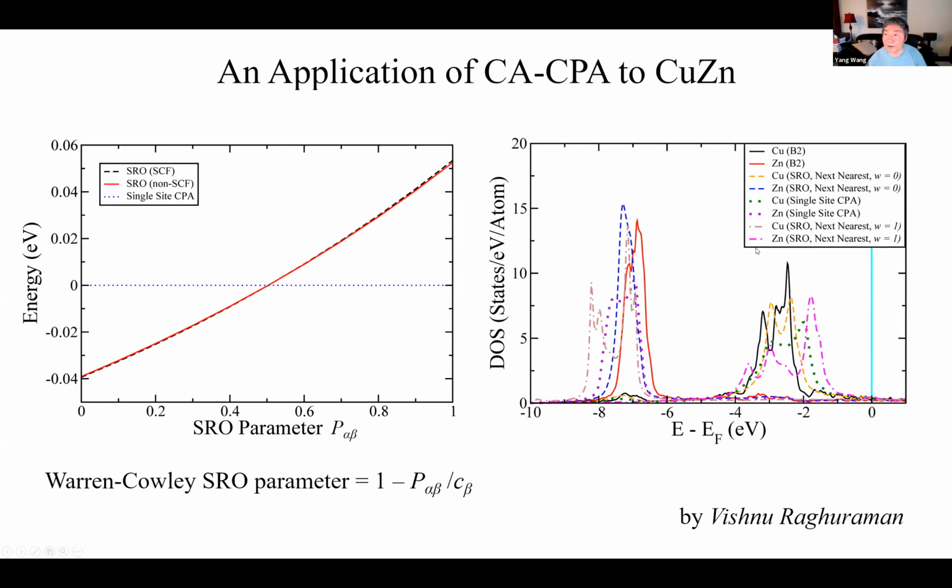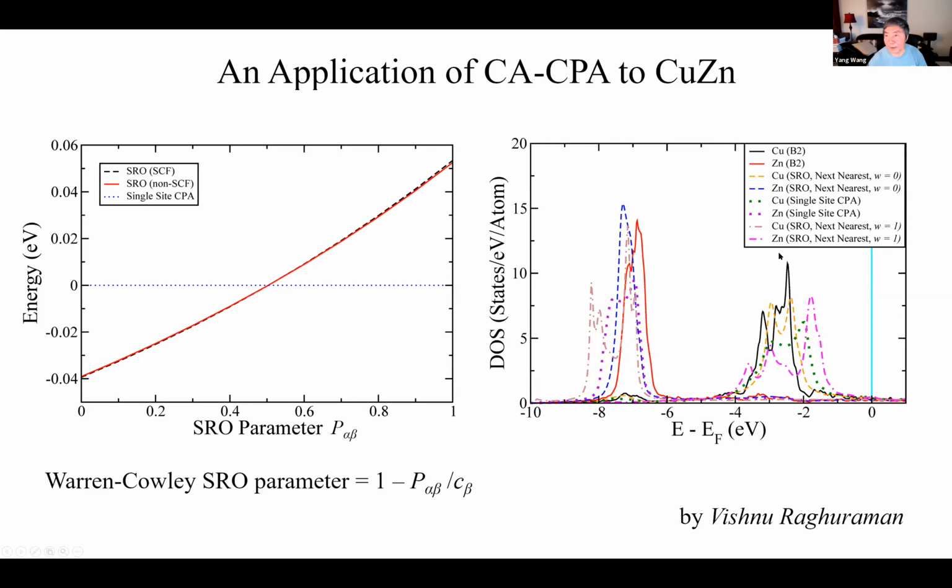So for the B2 structure, this is copper, and the red line is the zinc density of states. The single-site CPA, a conventional single-site CPA, gives a broadened density of states. This is expected.